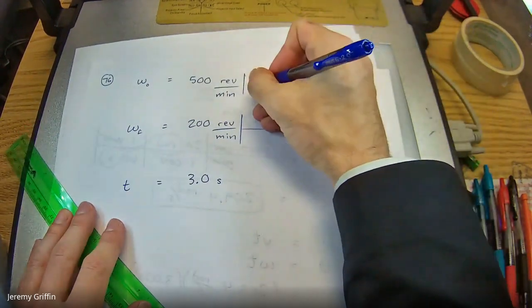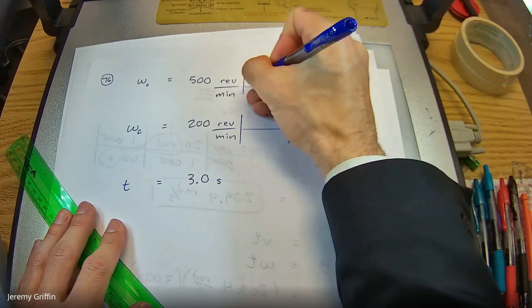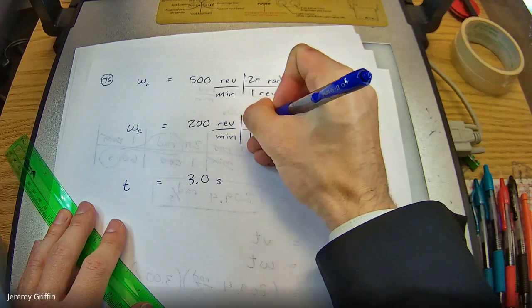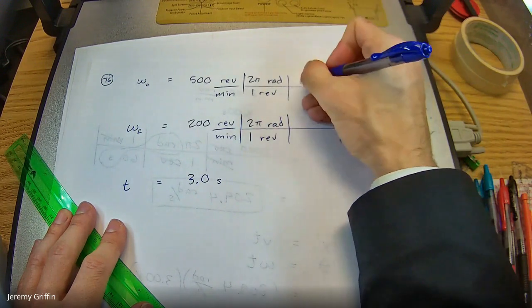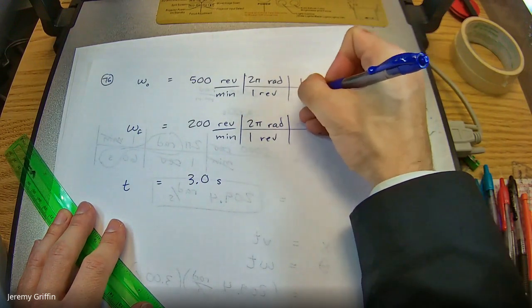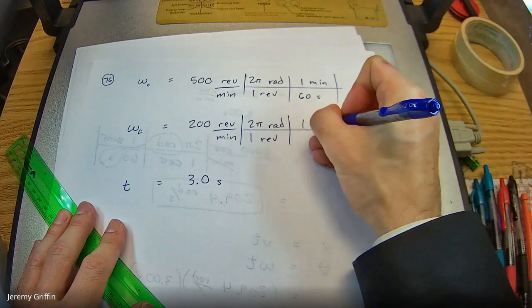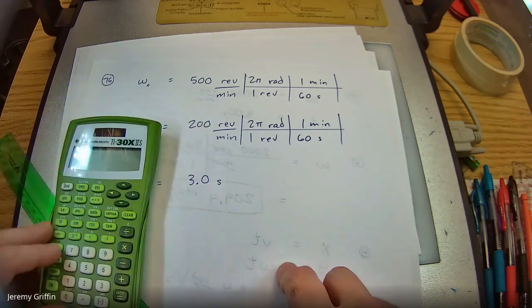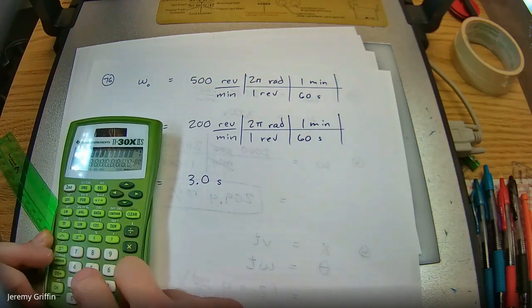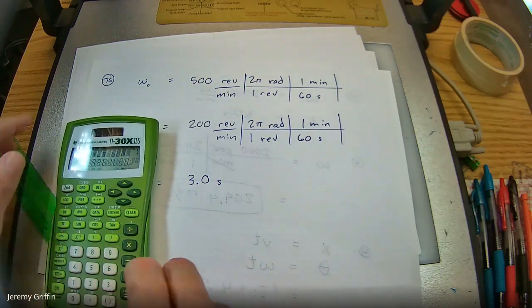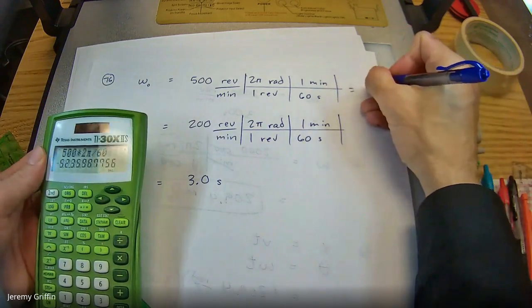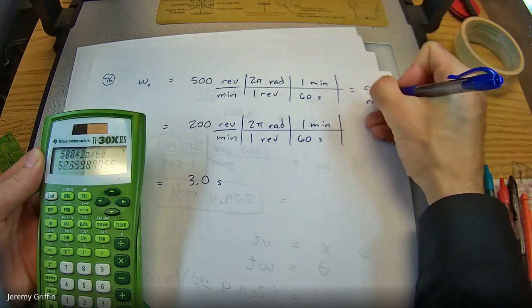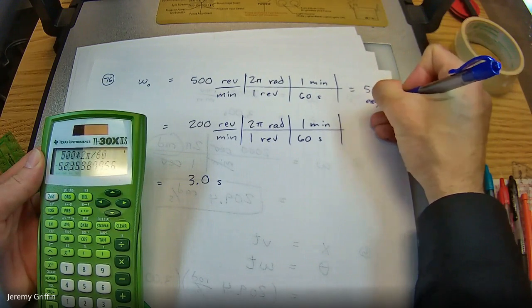I know there's 1 revolution, 2 pi radians. And 1 minute is 60 seconds. All right. I'm looking at 52.4 radians per second initially.